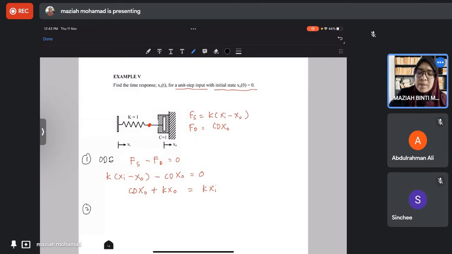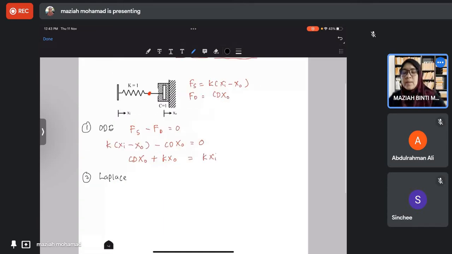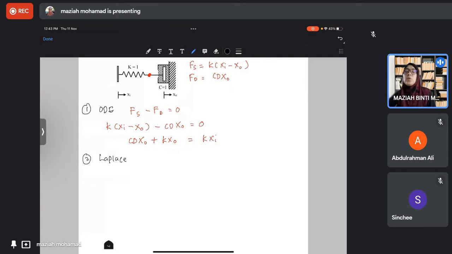The second step is Laplace. We convert the differential term into Laplace, and you can refer to the table from just now.